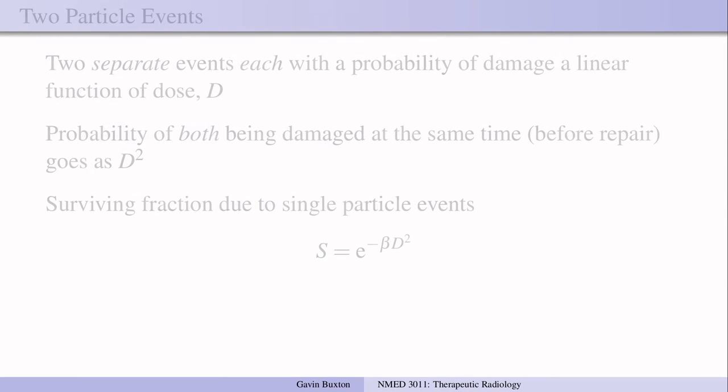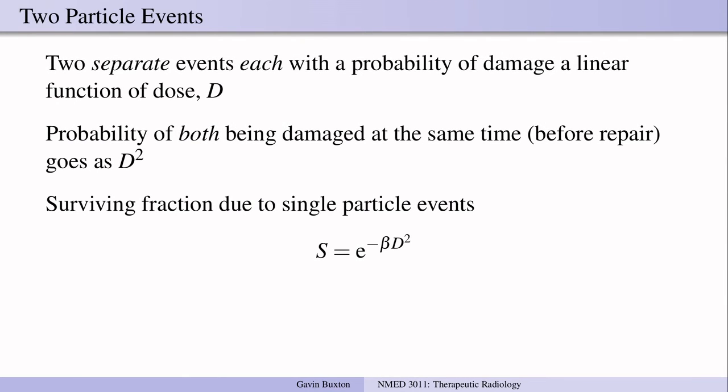In other words, the surviving fraction of cells due to two particle events is of this form: e to the power of minus beta d squared, where beta now describes a two particle event.